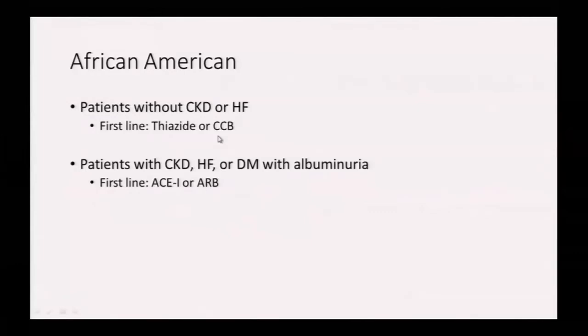So thiazides and calcium channel blockers. There's a lot of information that recommends that usually our African American patients need two agents instead of just one agent to control their blood pressure, two agents or even more.